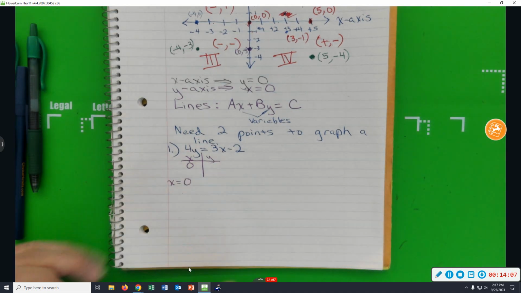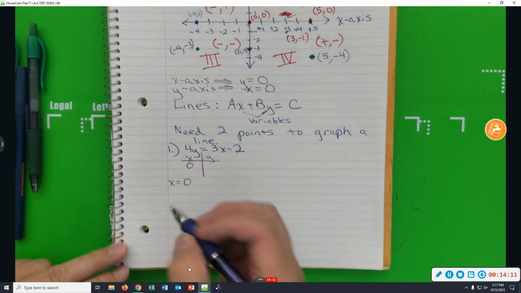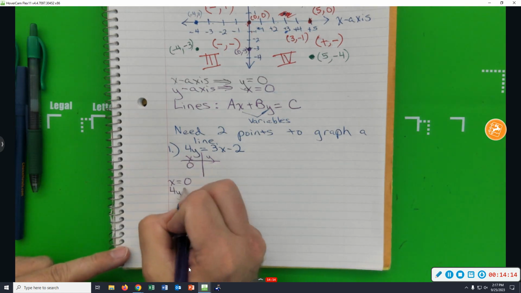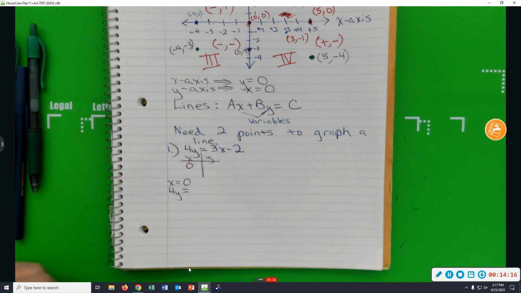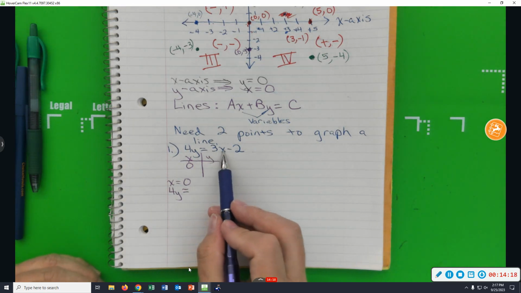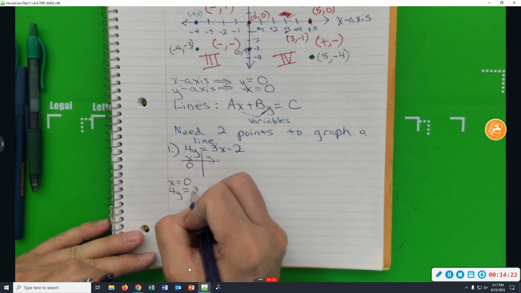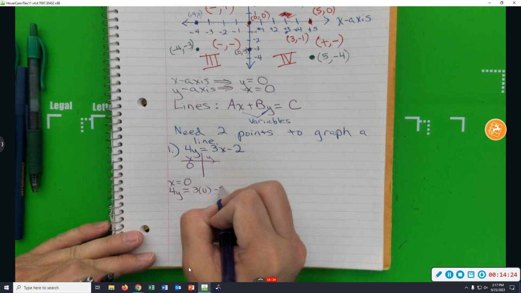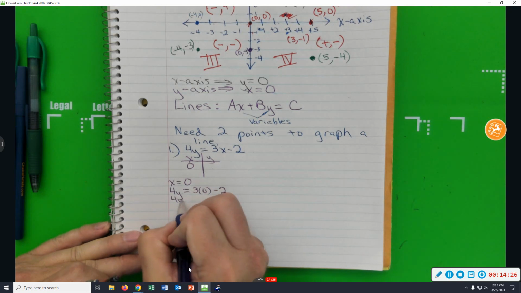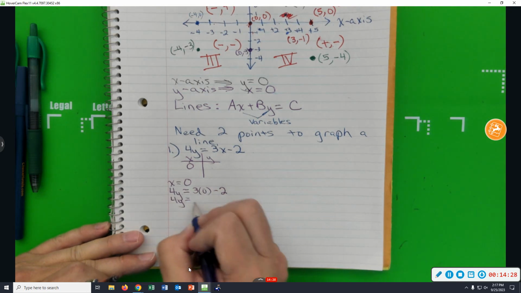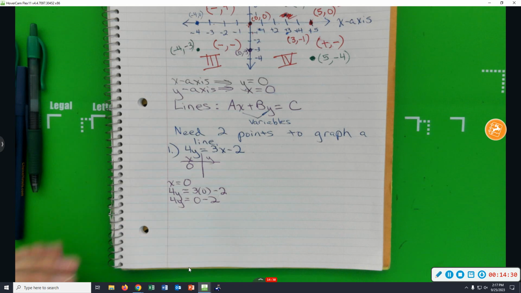x is 0, so we have 4y equals 3 times 0 minus 12. So we have 4y equals 3 times 0 is 0, minus 12. What's 0 minus 12? Negative 12.